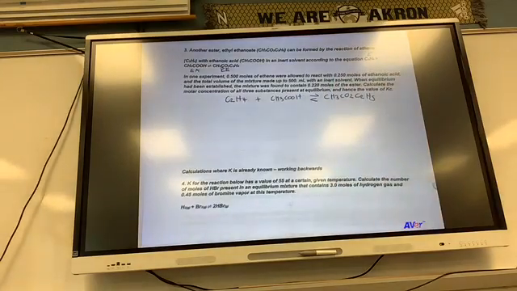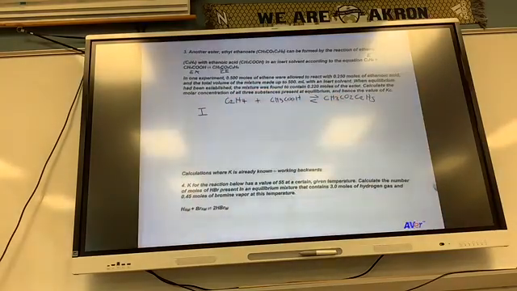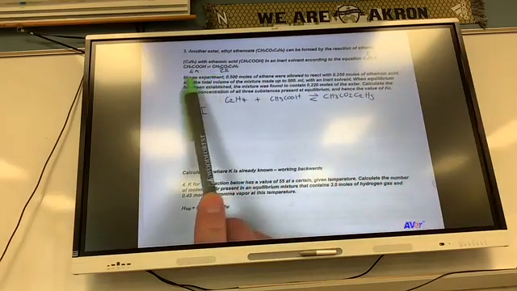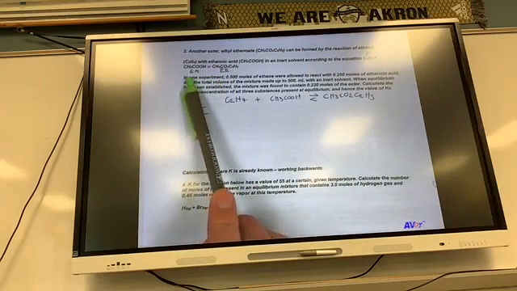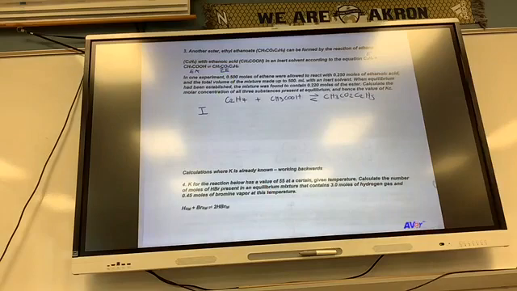We are now ready to ice it. I was just abbreviating so I'm keeping track: that's ethene, this was my ethanoic acid, and this was my ethyl ethanoate.